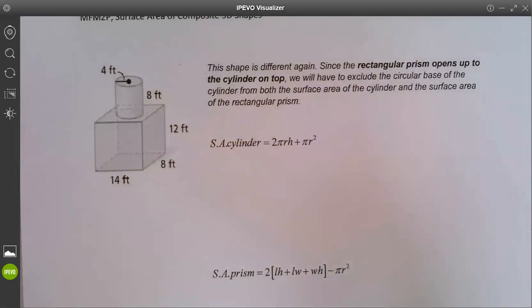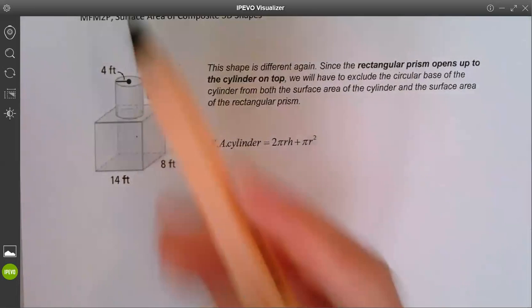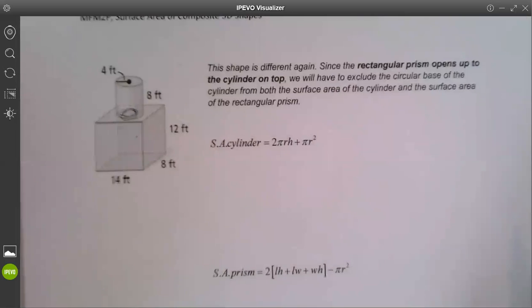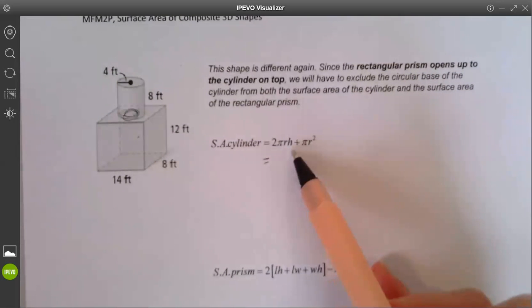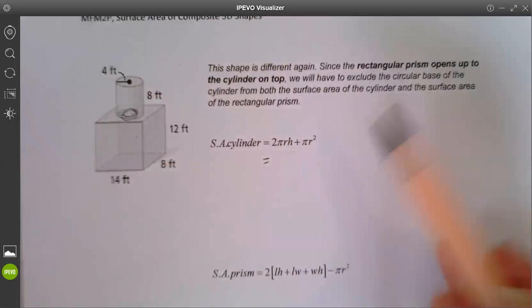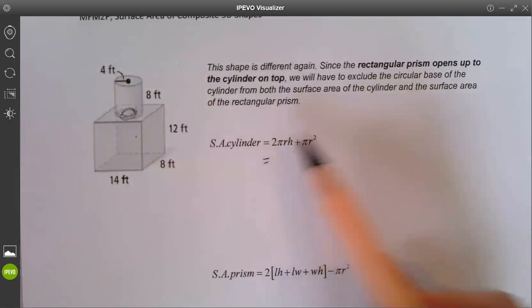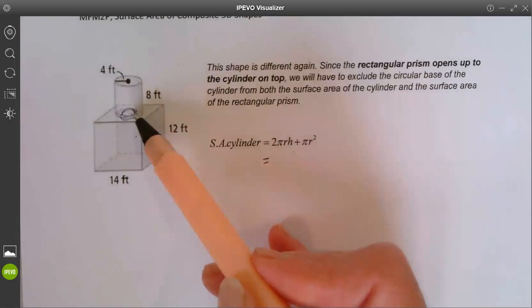Now, again, there's an opening between the cylinder and the rectangular prism. So this circular piece here needs to be excluded for both shapes from their surface area. So I've started by writing out the formula. So the 2 pi rh takes care of the rectangle that makes up part of our cylinder, and we're only including the upper circular piece, the circular face, we're excluding the bottom.